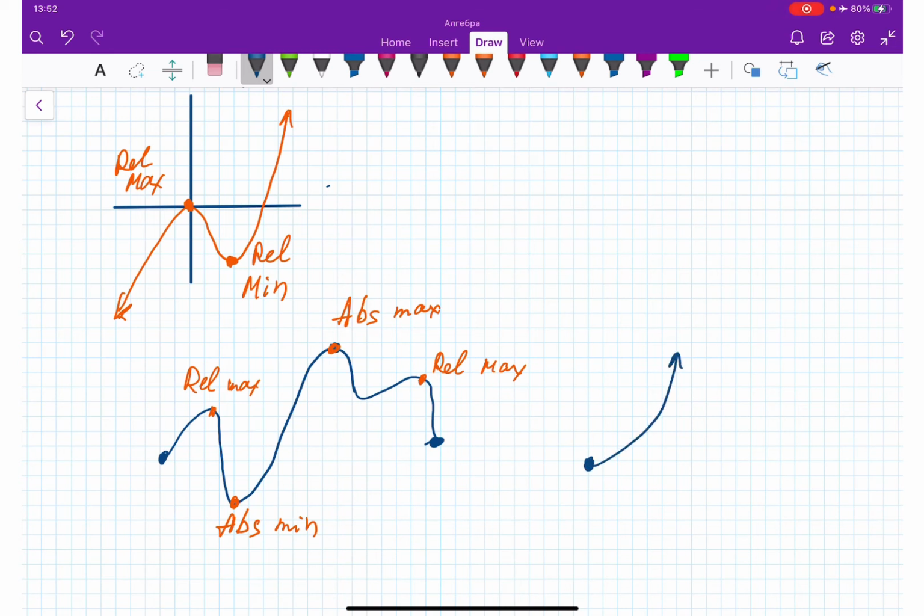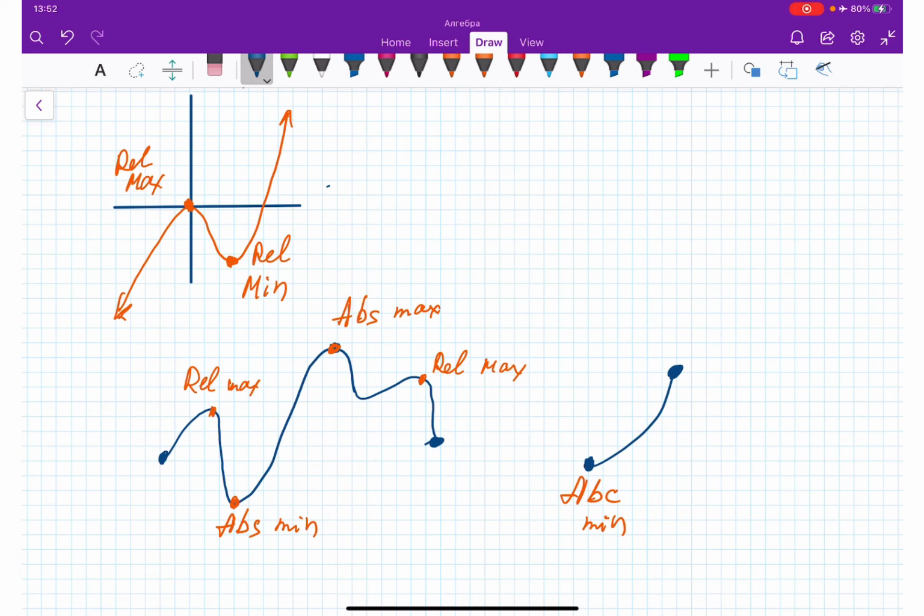This will be my absolute, hold on, no, wait. This is gonna be my absolute minimum, right? And it is on the endpoint. Okay?